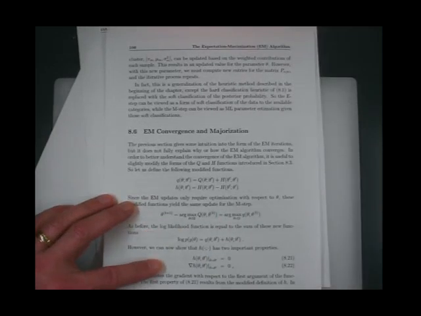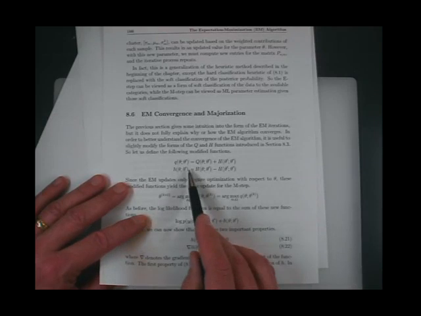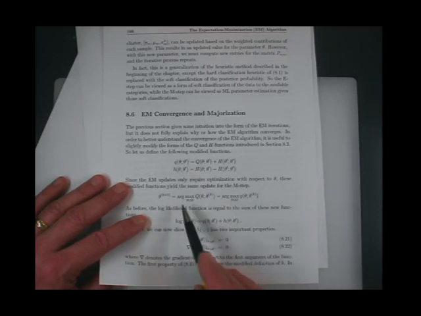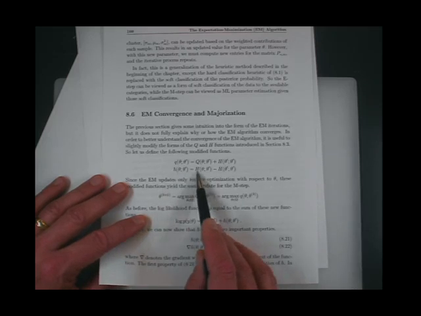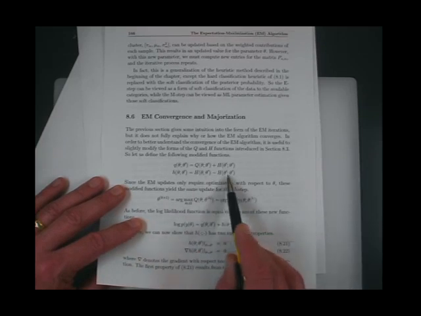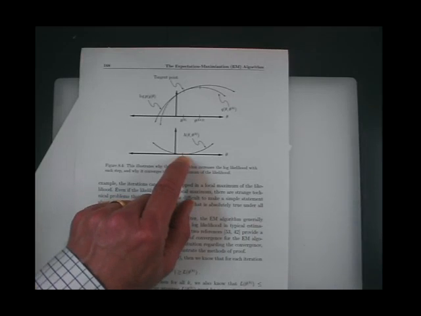So I think this is all stuff that's a rehash. Basically, if you define this little h as the difference between the log likelihood and the Q function at theta equals theta prime, then you just renormalize these things so that this little h function is 0 at your current parameter value.